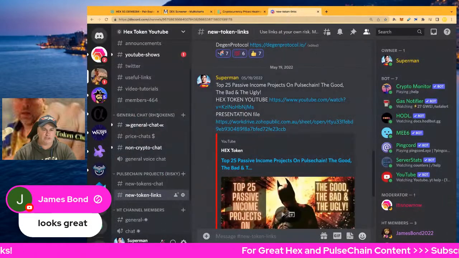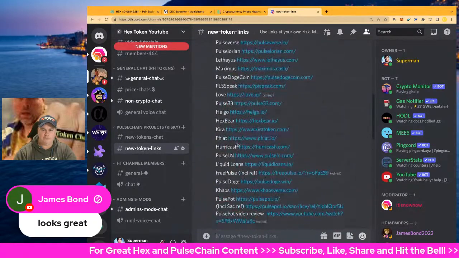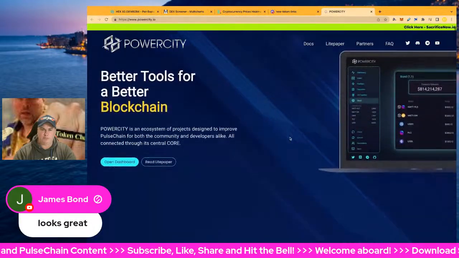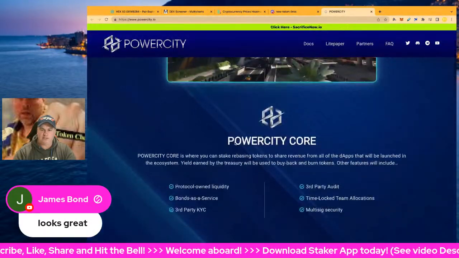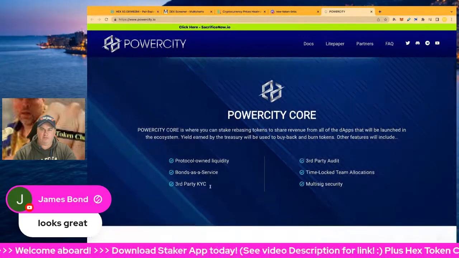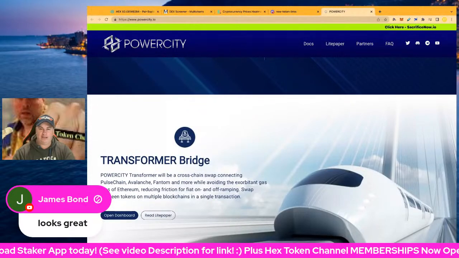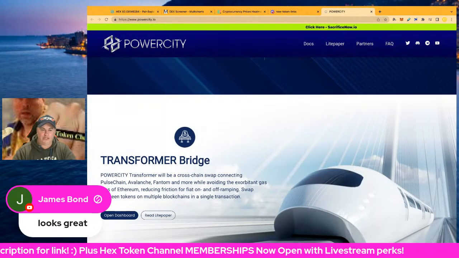So if we actually go to some of the links here for Power City, I think it's at the top here. Yeah, Power City there. They've got multiple products. What we just saw was a core, so this is the core represented here. And then they're going to have all these products that feed in revenue based on the utility, all high utility products that are going to really help Pulsechain.